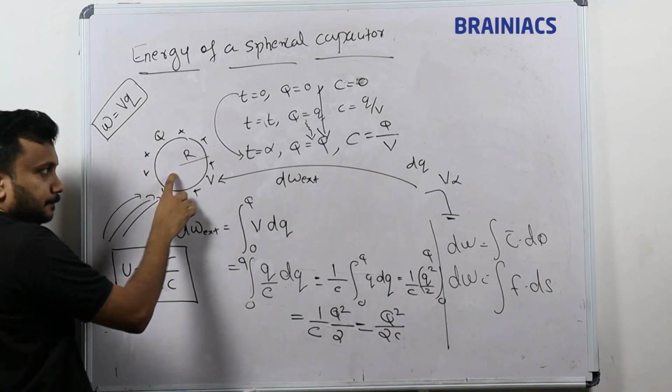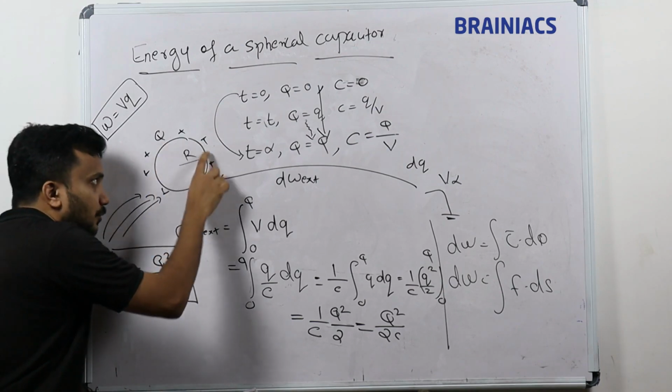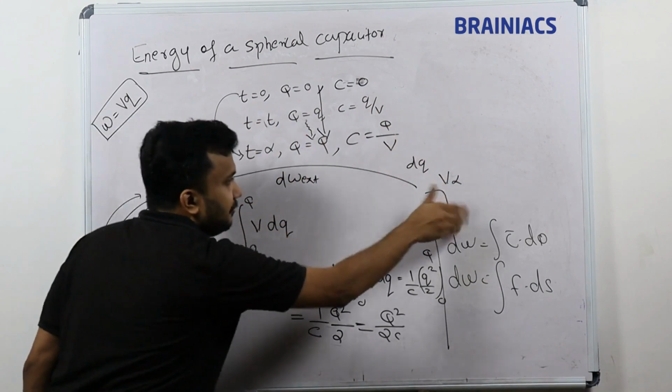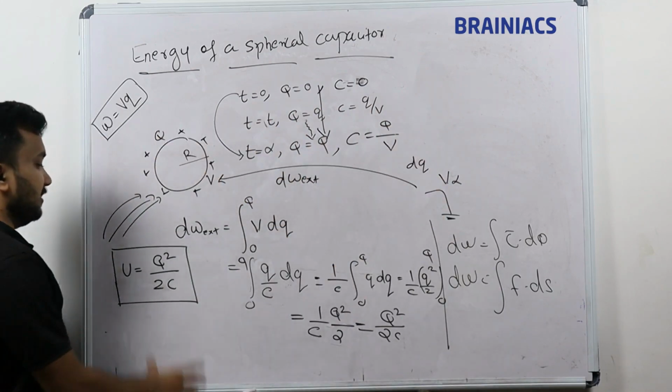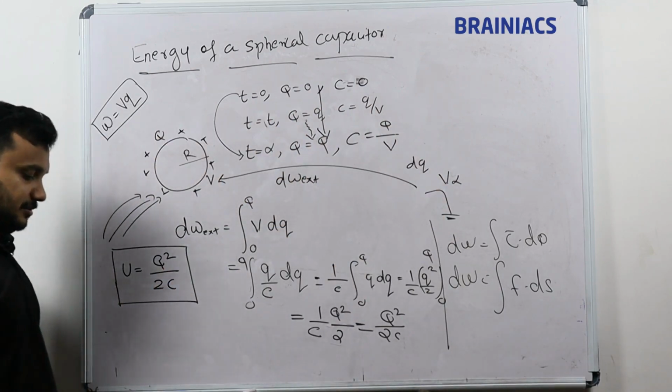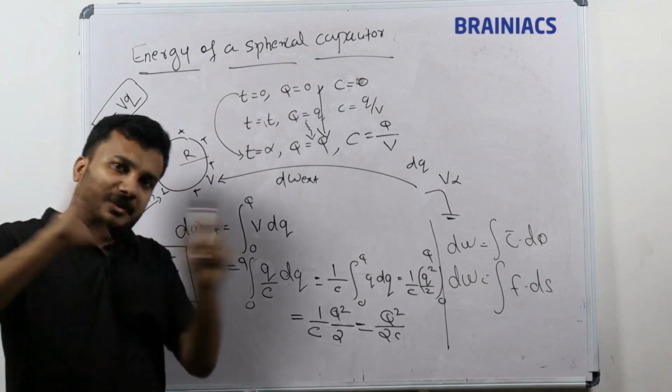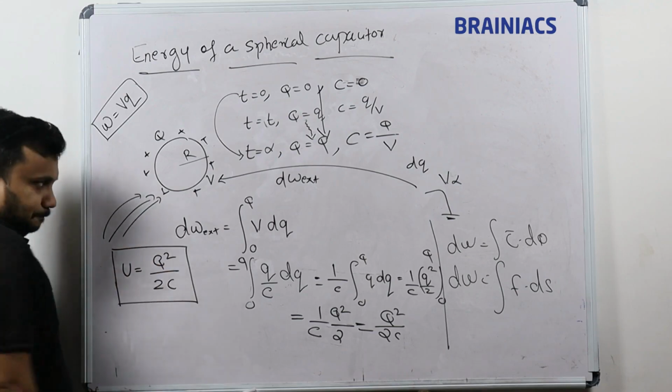Why is this a capacitor? Here you have the positive plate, so where is the negative plate? The negative plate will be at infinity. So this is the energy of a capacitor. I have derived it for a spherical capacitor, but for any structure, any shape, this is the energy.